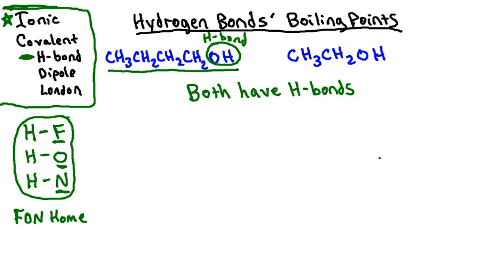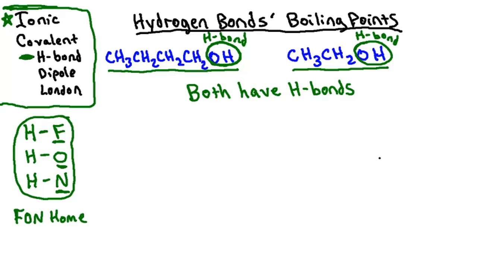So we have this OH group, it's called a hydroxyl group, which is a hydrogen bond in this molecule on the left. And then we have this molecule on the right that looks kind of similar, CH3, CH2, OH. And so this, of course, also has a hydroxyl group, an OH to it. So that means this also has a hydrogen bond. So these look kind of similar.